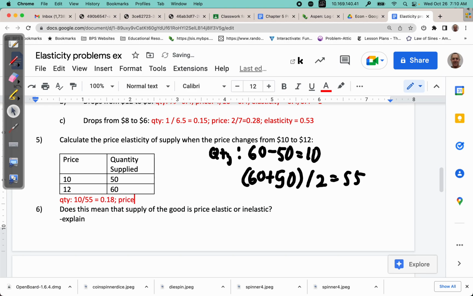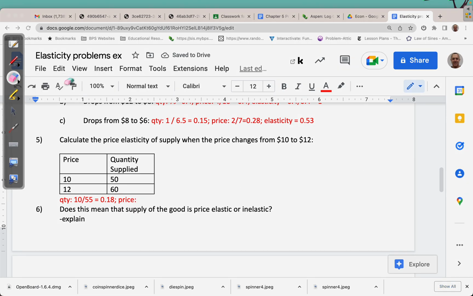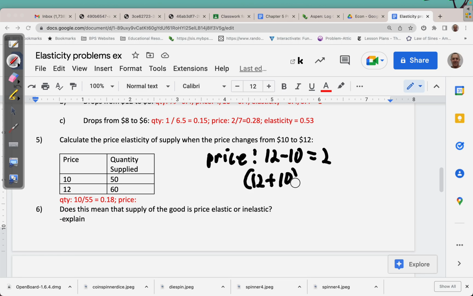Then we're going to do the same thing with price. All right, and you don't have to show me the part that's in handwriting, just the part that's typed. The price went from 10 to 12. That's a change of 2, and we're going to compare it to the average of 10 and 12, which is 11.